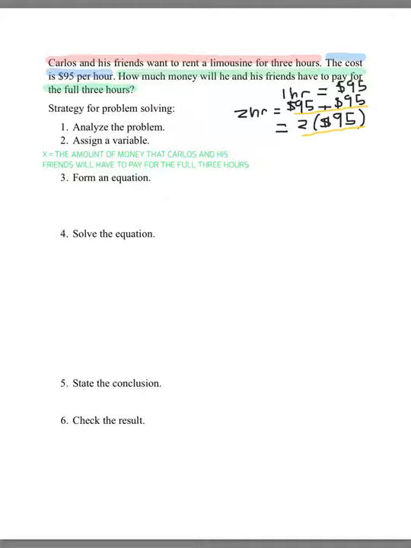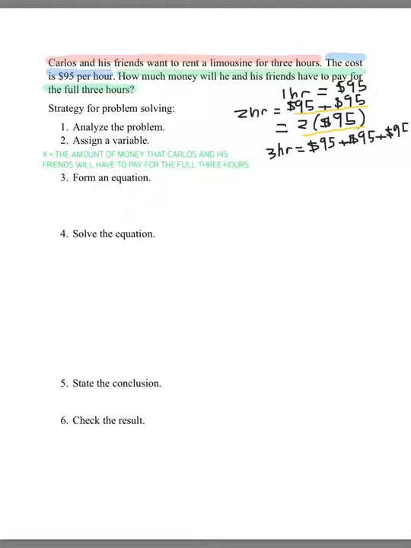Then let's expand on that and talk about the equation for 3 hours. The long way to do it is 95 plus 95 plus another 95. Again, that's 95 for each hour.